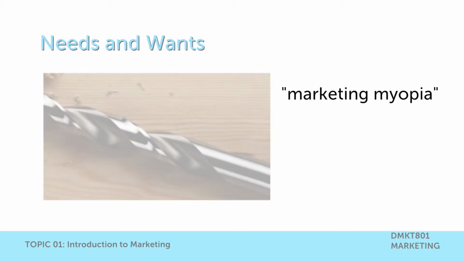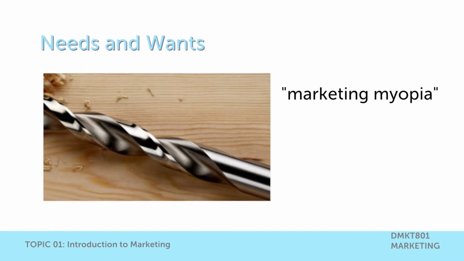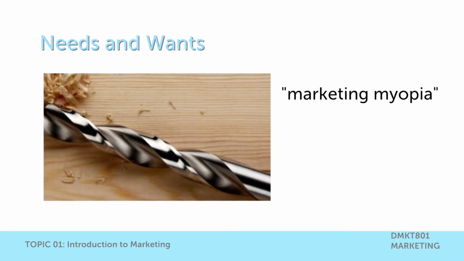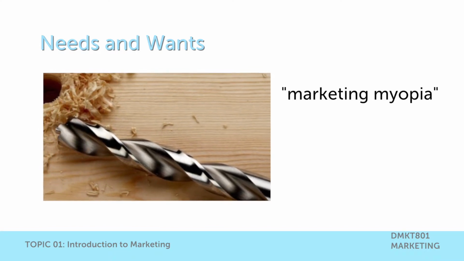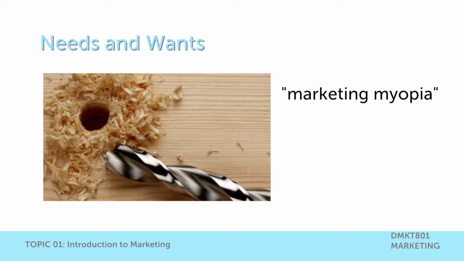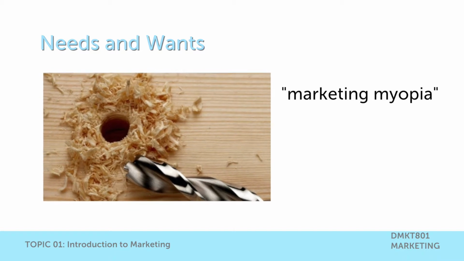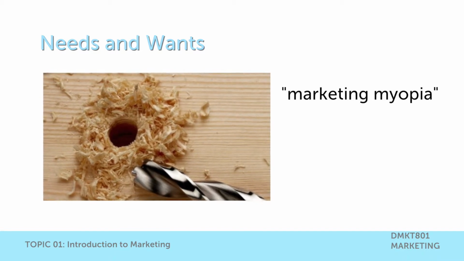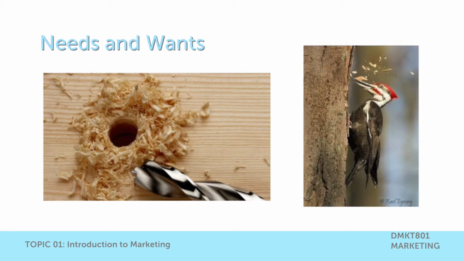They forget that a product is only a tool to solve a consumer problem. A manufacturer of quarter-inch drill bits may think that the customer needs a drill bit, but what the customer really needs is a quarter-inch hole. These sellers will have trouble if a new product comes along that serves the customer's needs better or less expensively. The customer will have the same need, but they'll want the new product.